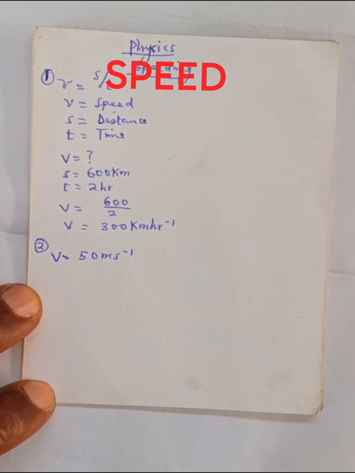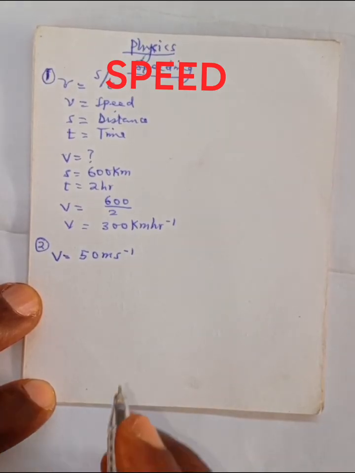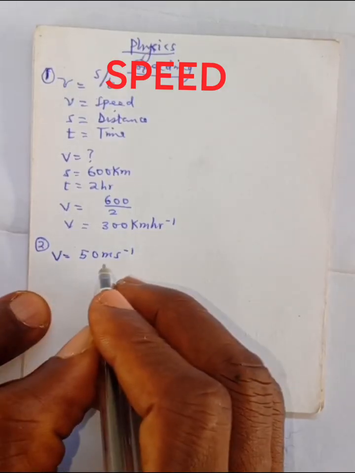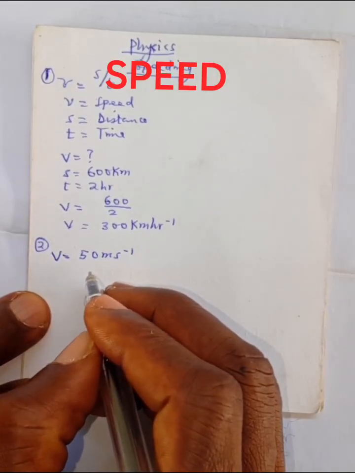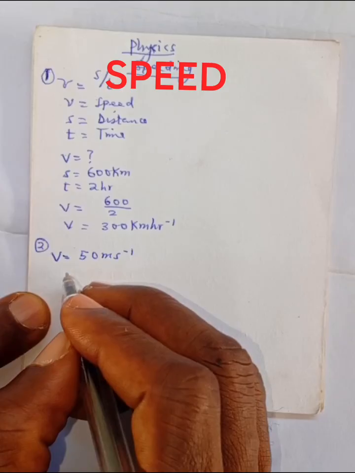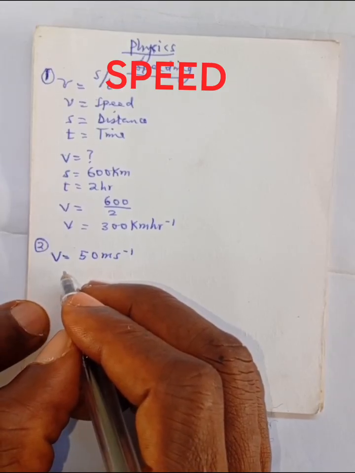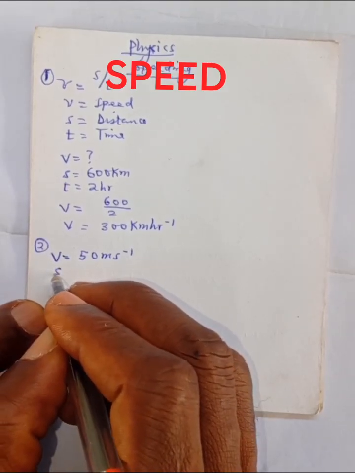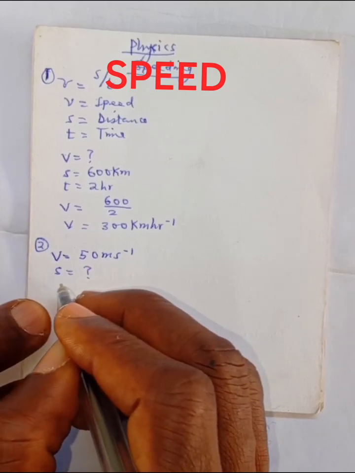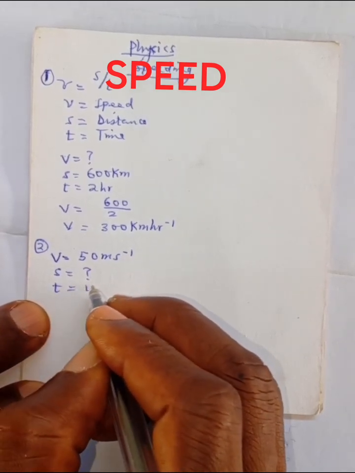Now we are looking at the speed, which is 50 meters per second, and we are asking for the distance. We don't know the distance, and the time taken is 10 seconds.